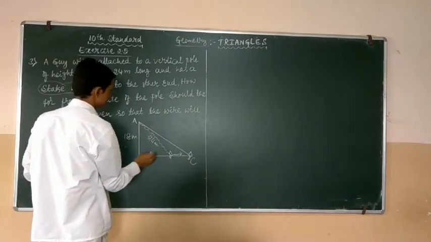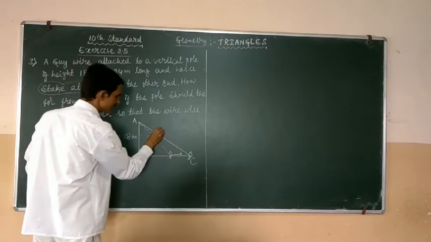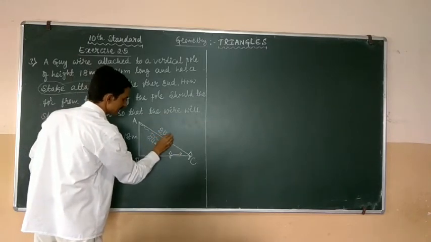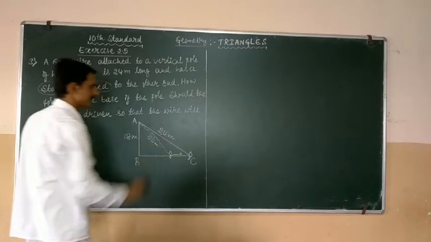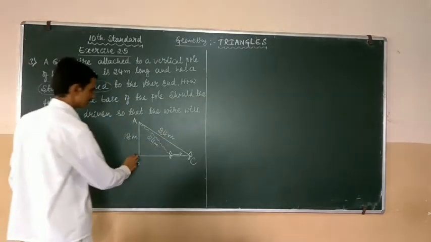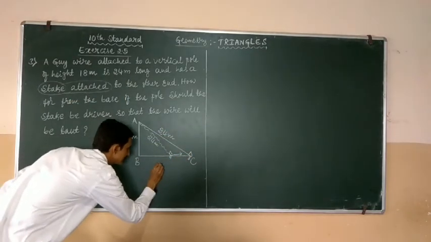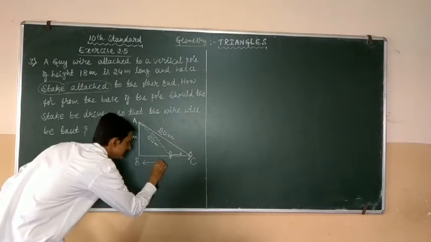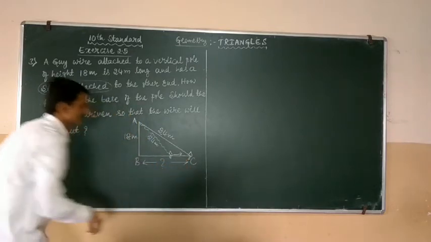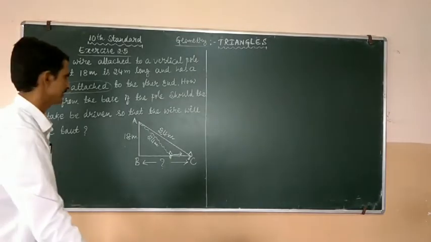Now this is the length of the guide wire, 24 meter. So we have to calculate the length of BC.